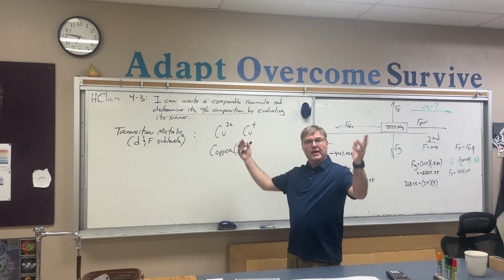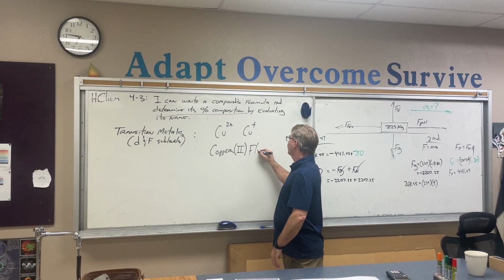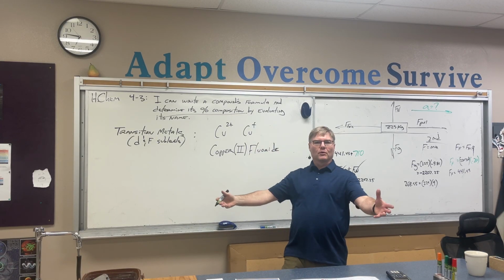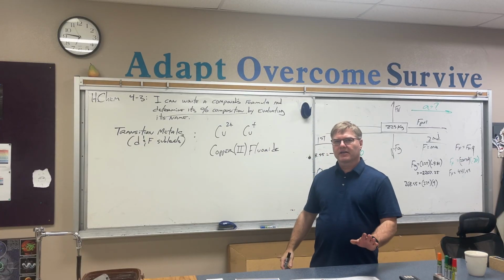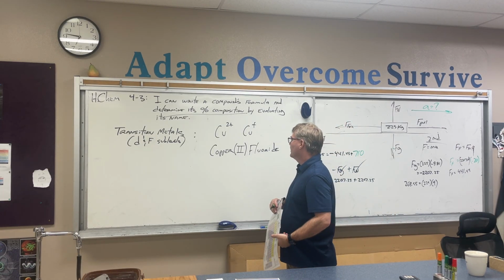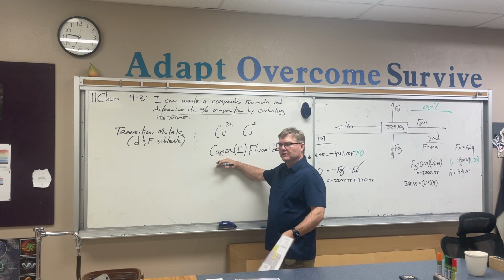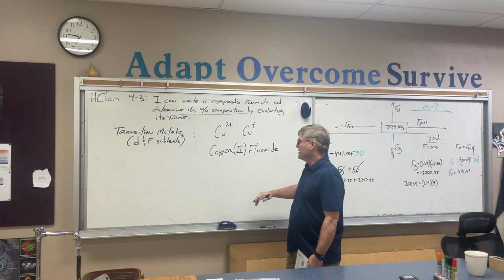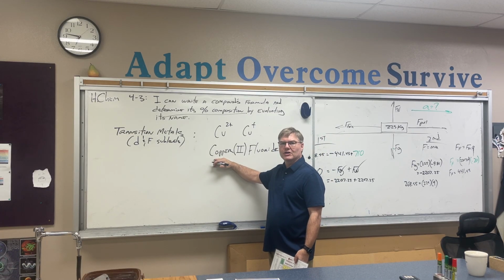So let's just say I did that. Let's talk about this compound, copper 2 fluoride. We want to make a chemical formula for it. I know this is the positive ion because it comes first. That's the negative ion. What I need to do is look up the symbol and charge for this ion.